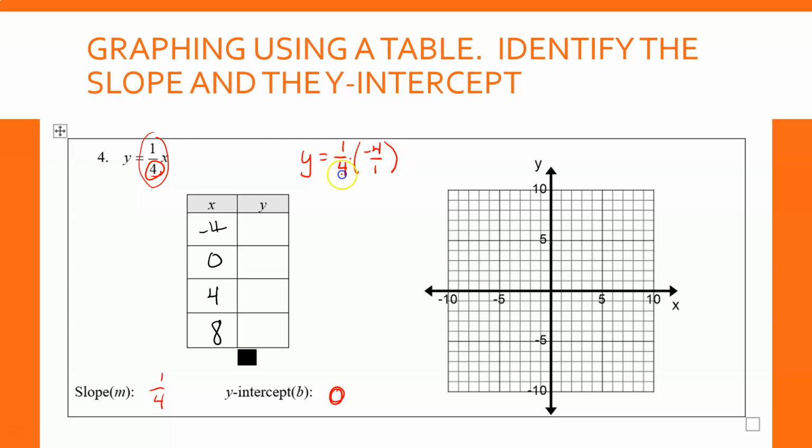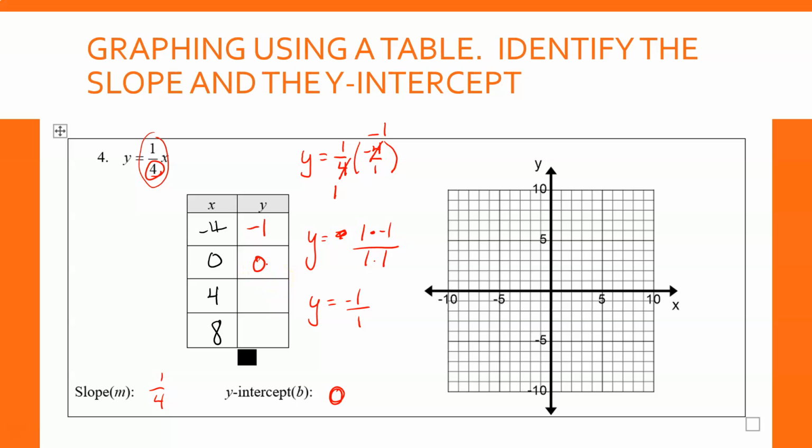So we're going to cancel. 4 becomes 4. -4 becomes -1. And this is what we have if we get rid of all the junk. So we have -1 over 1, which gives us -1. We know that my y-intercept is 0, and if we plugged in 0, we'd get 0.